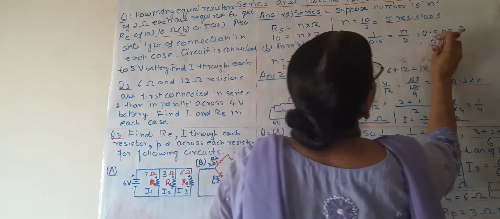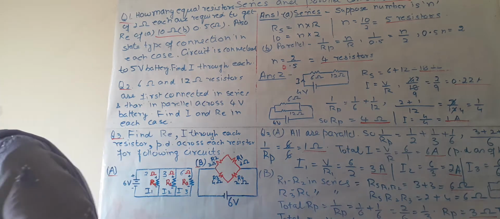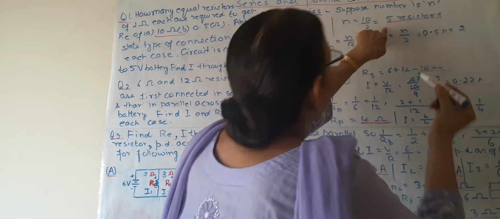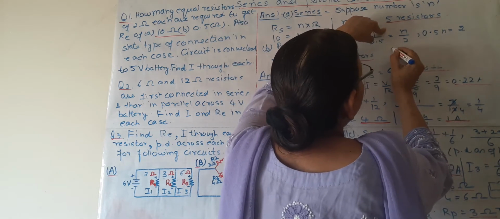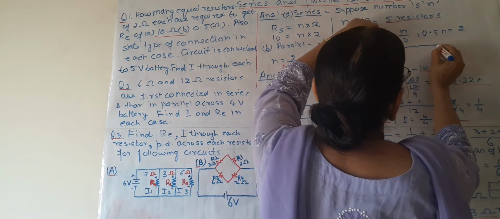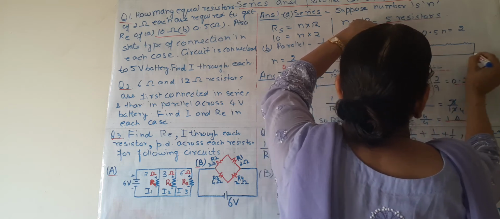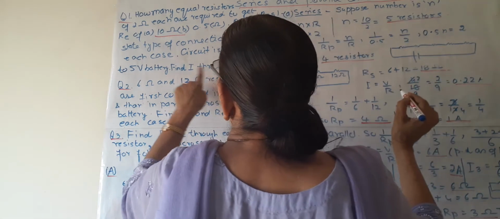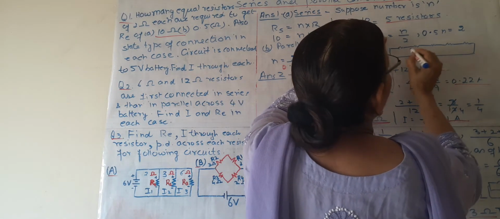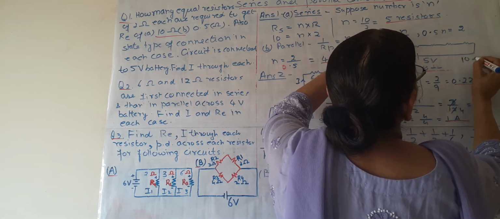Likewise, in parallel, first we should draw the circuit. Here I want to draw the circuit. Circuit of first, 1, 2, 3, 4, 5. This is the circuit. The battery is 5V. All are having 2, 2, 2, so total is 10 ohm.